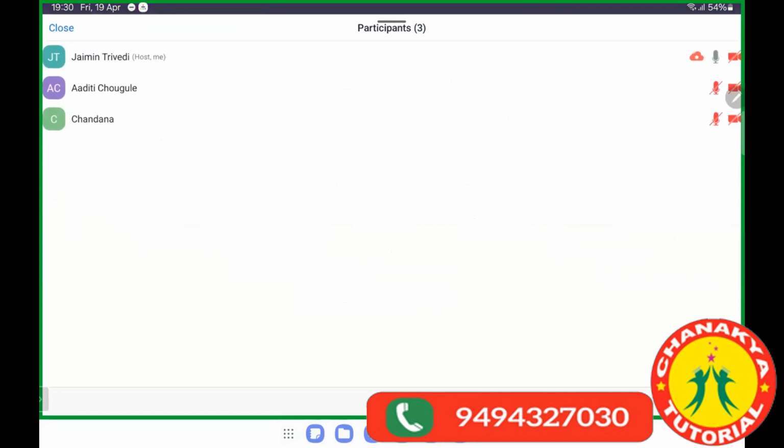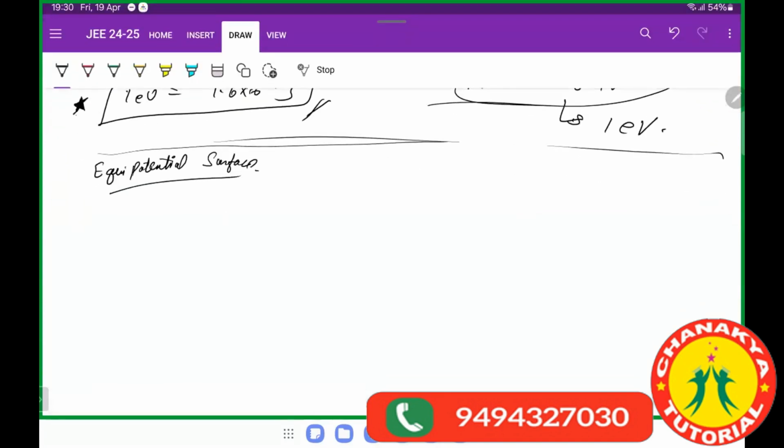Equi means equal. So equipotential. Now combine this. What will be the meaning of equipotential surface?